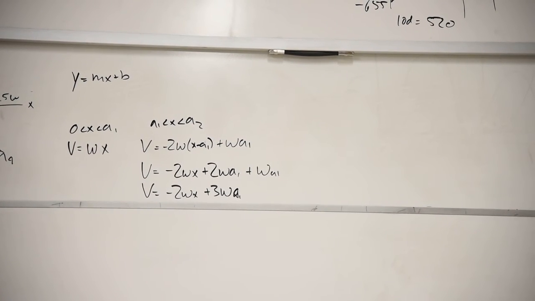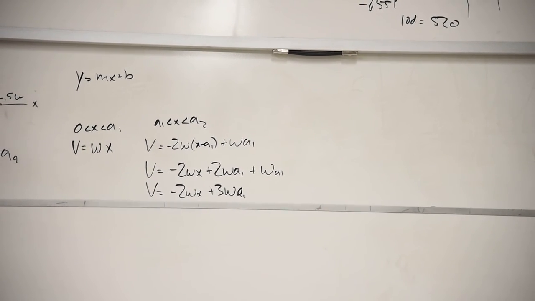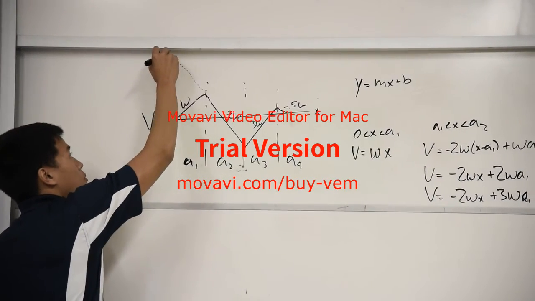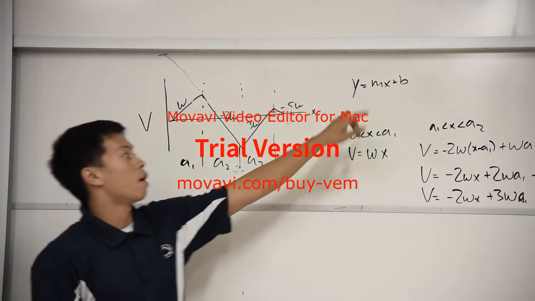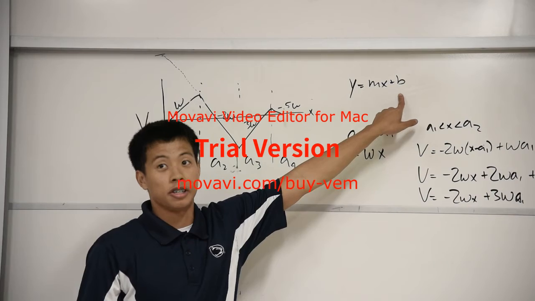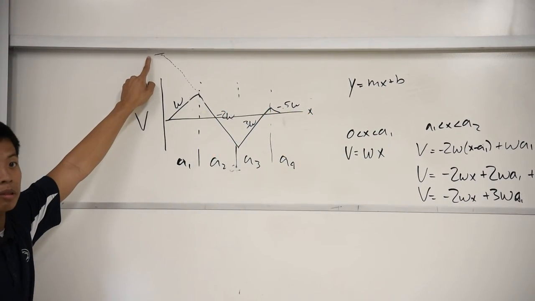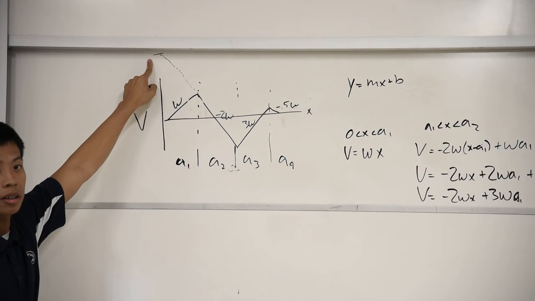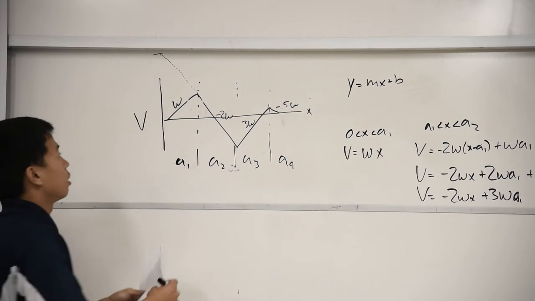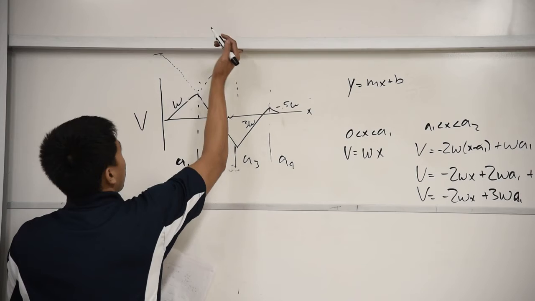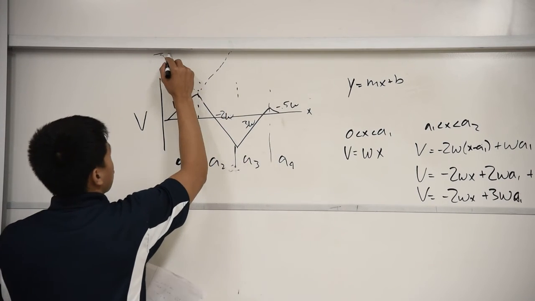So if you were to extend this line, the value would be up here. Remember, y equals mx plus b, where b is the y-intercept. That value is 3 times w times A1. The same right there.